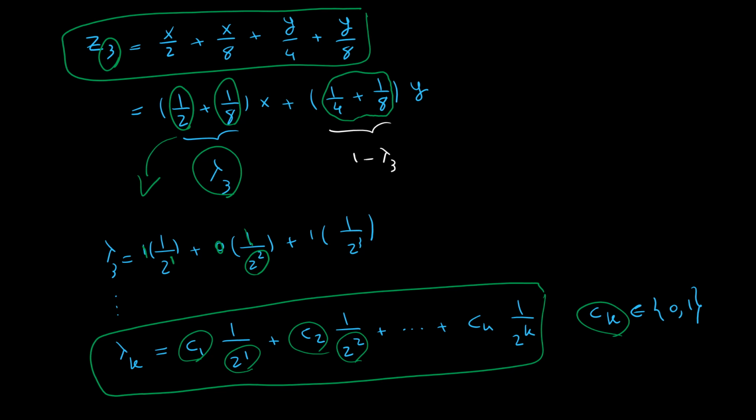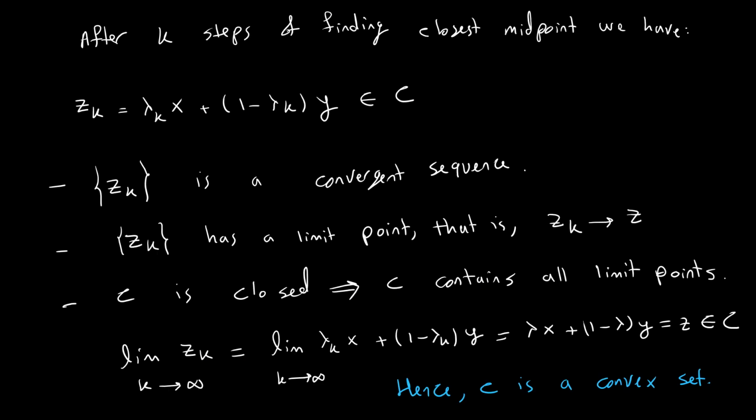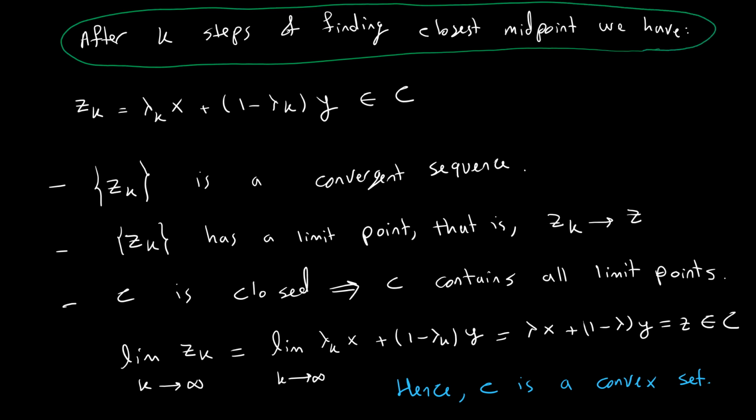At the end, this lambda k will converge to the actual lambda we have. So after k steps, we will find the closest midpoint to the point that we have.